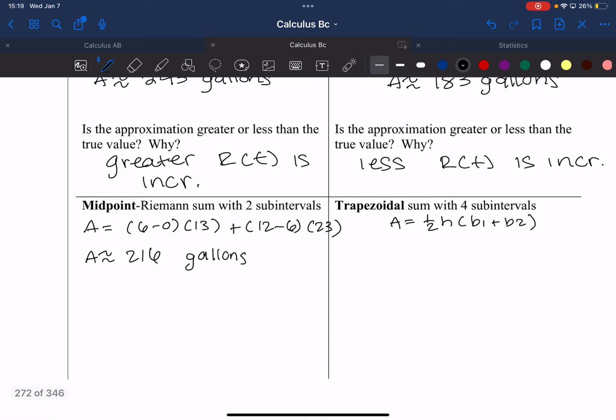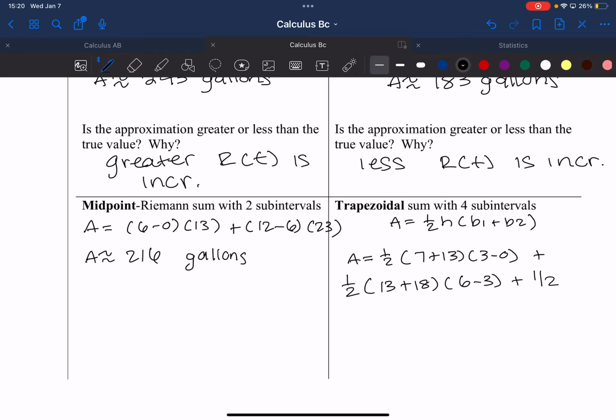So writing that out, this is going to be area is equal to 1/2 times 7 plus 13 times 3 minus 0. That's the first trapezoid. Plus 1/2 times 13 plus 18 times 6 minus 3. Plus 1/2 times 18 plus 23 times 9 minus 6.